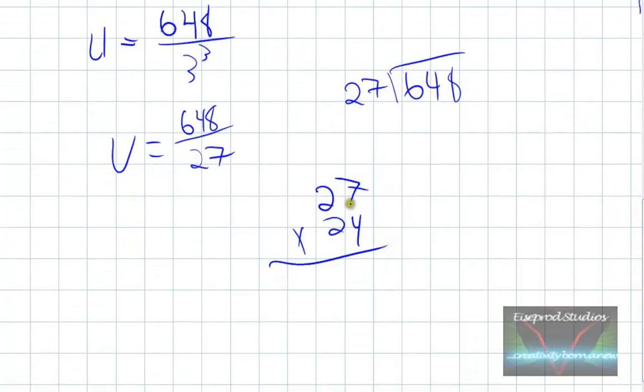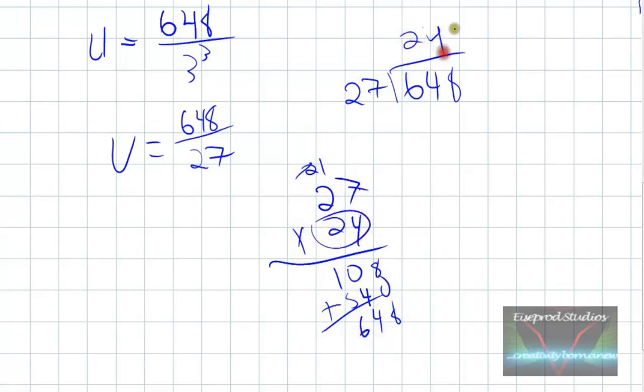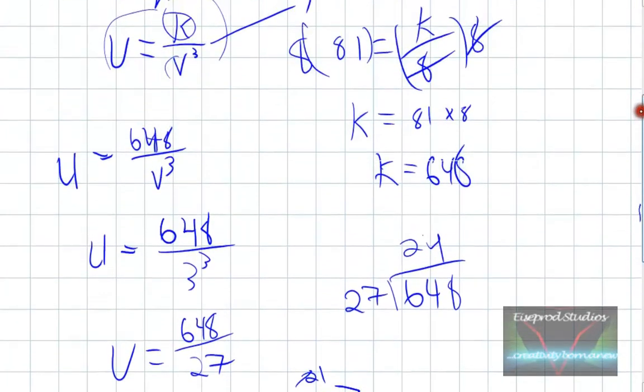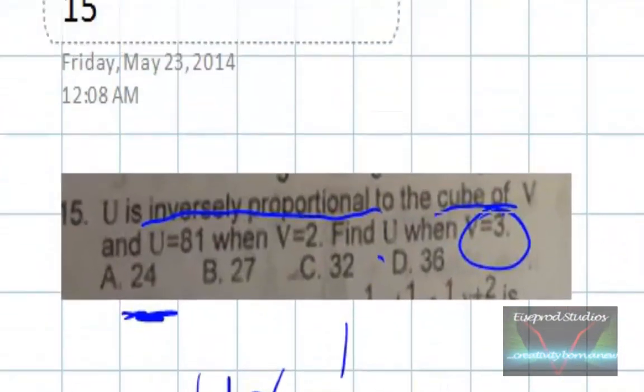I start from the bottom corner. 4 times 7 is 28. 4 times 2 is 8 plus 2 is 10. 2 times 7 is 14. 2 times 2 is 4 plus 1 is 5. So there's our 8, there's our 4, and there's our 6. So look at that, 24 is our best answer there. So that's going to be u. So u is 24, and the answer is A.